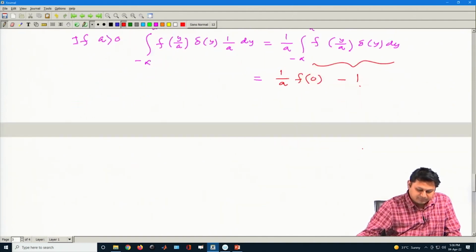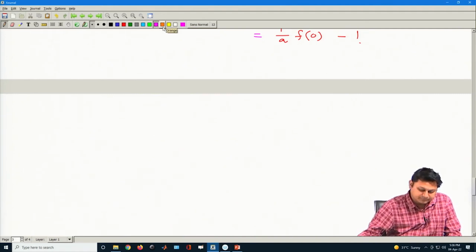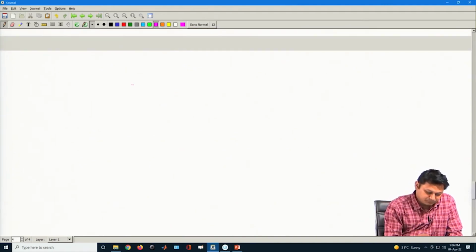In a similar way, if a is less than 0, that is the other condition we can think of, what do we have? We have minus infinity to infinity f of y by a and then delta of y, 1 by a dy.